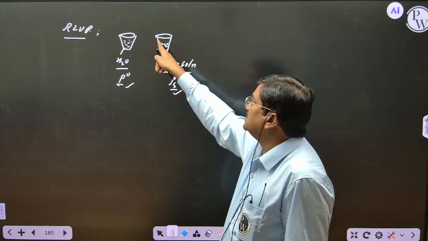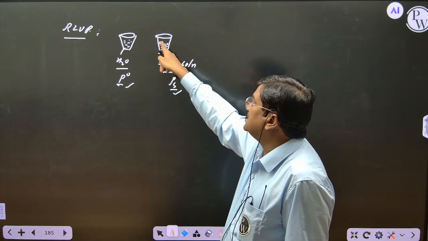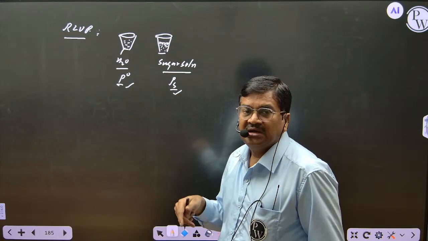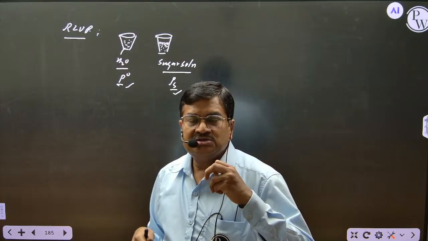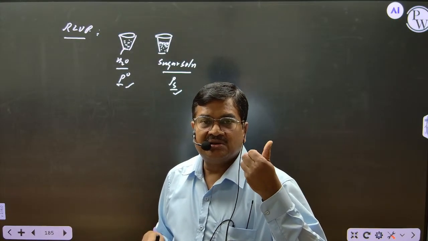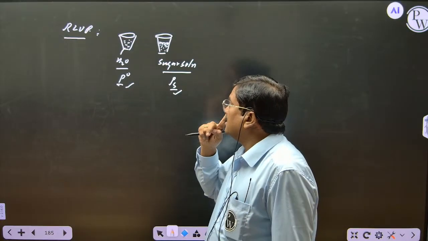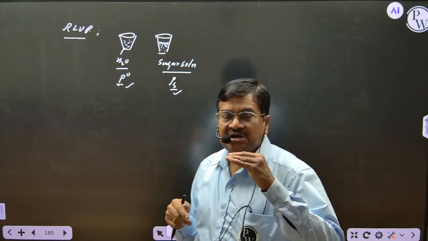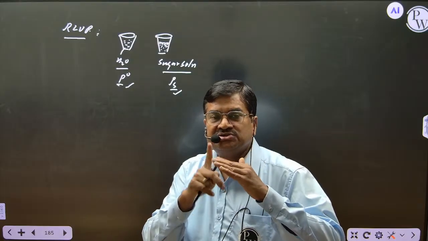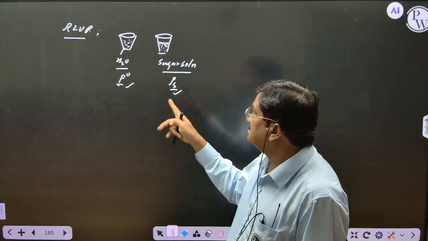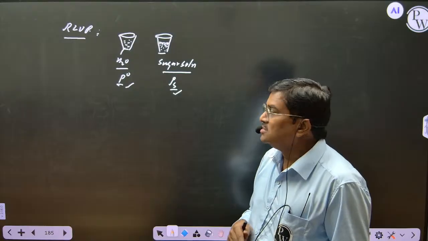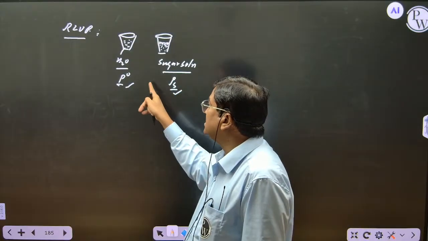In the solution, what happens? The solute particles present on the surface will not allow the molecules to go into the atmosphere, that means to go outside the glass. Why? Because solute molecules are hindering the liquid molecules from going out. So whose vapor pressure comes to be more when you compare solvent and solution?